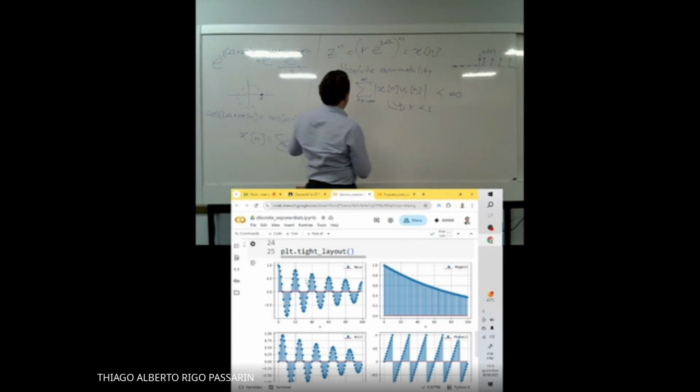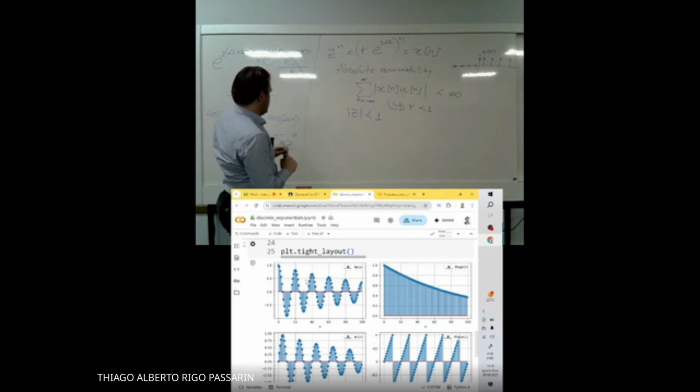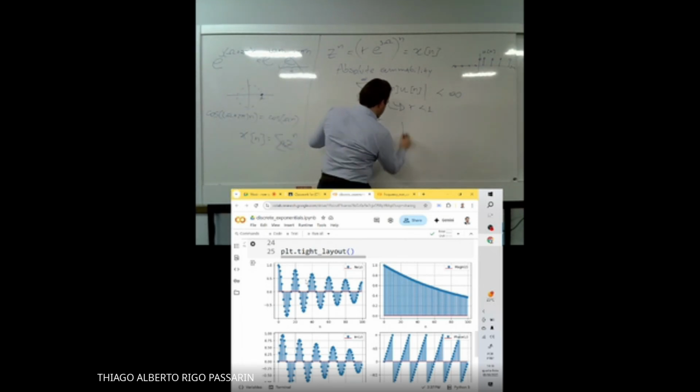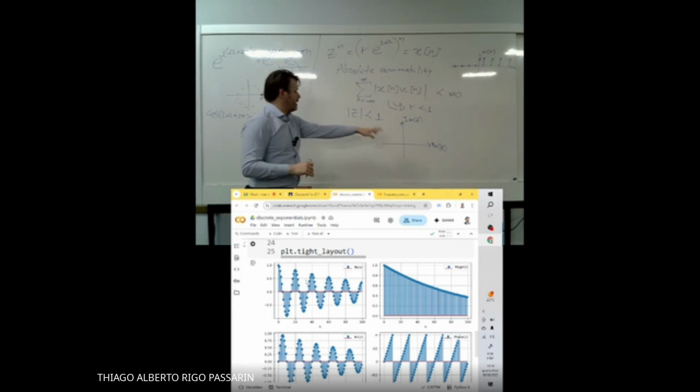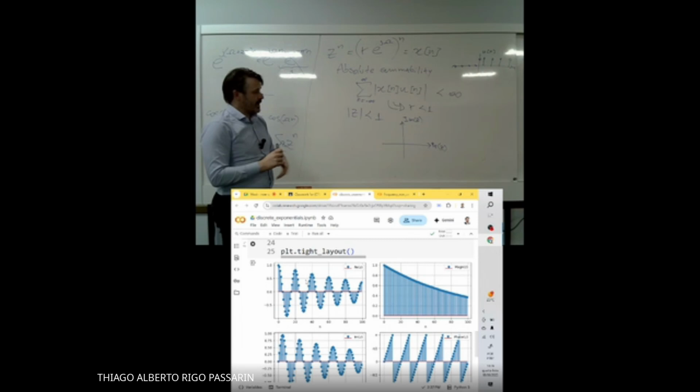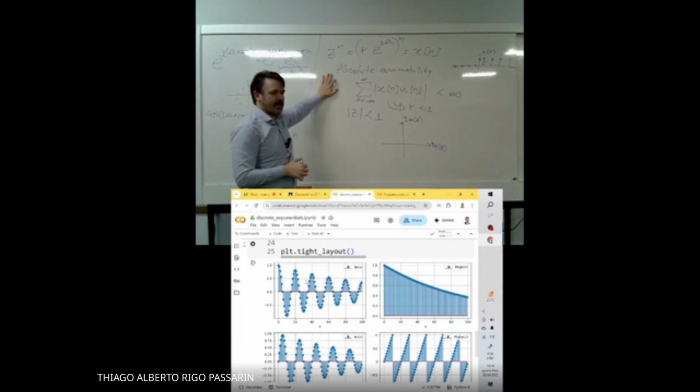So we need the absolute value of z to be smaller than 1. So if we're here in the complex plane of all possible z's, real part of z, imaginary part of z, what's the region of z's where this criterion is met?